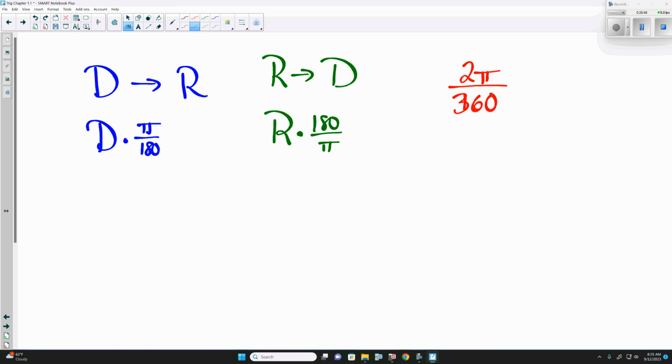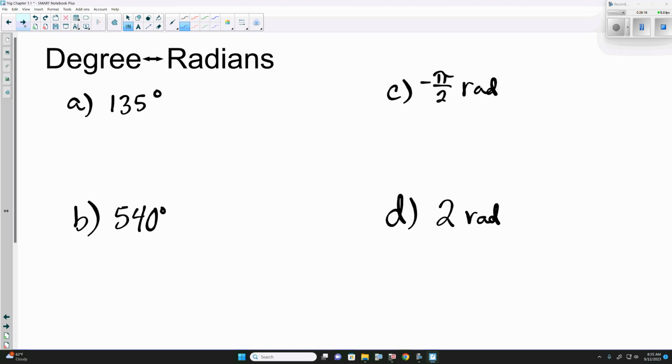A full circle in degrees is 360, well, they do have a common factor of 2, which leaves us with pi on top and 180 on bottom. Pi over 180, full circle to full circle. And we're trying to reduce our terms whenever we convert from one to the other, because the numerator is radians and the denominator is degrees. So if we want to go from degrees to radians, we need the degree measure on bottom. If we're going from radians to degrees, we need the radian measure on bottom.